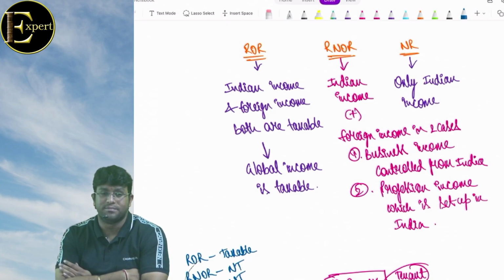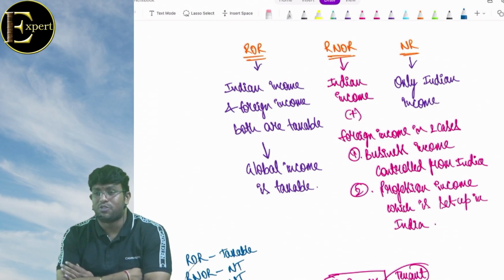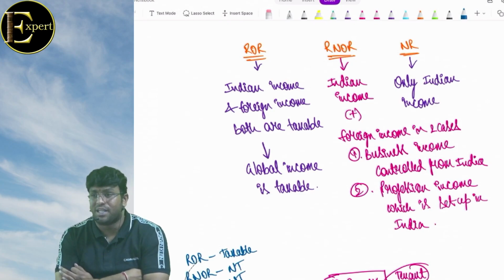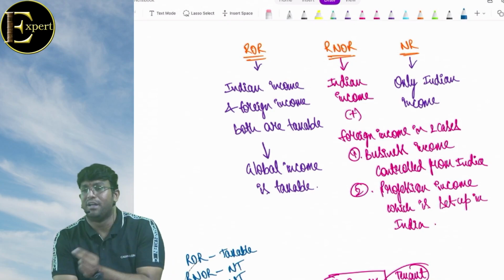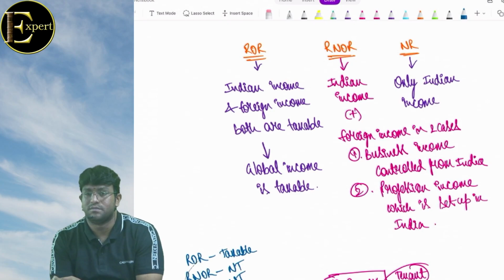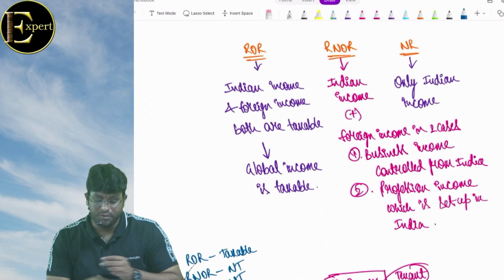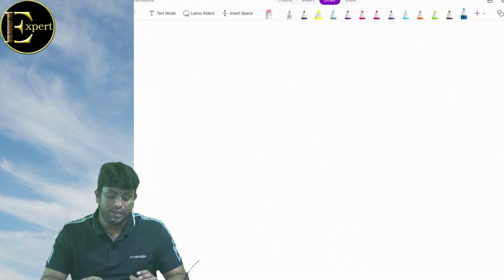If income is foreign income, taxable for ROR and also taxable for RNOR in two cases. What are the two cases? Business income, which is controlled wholly or partly from India. Professional income, which is set up in India. So are we clear? Everybody, sir? Good. Next point.